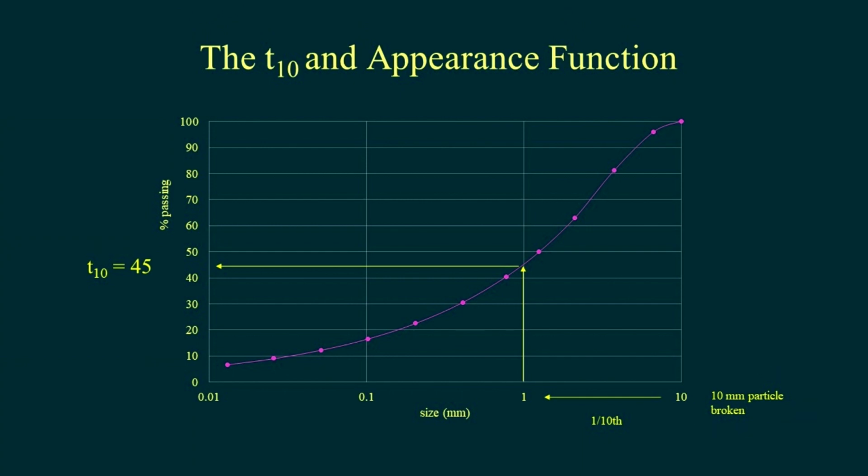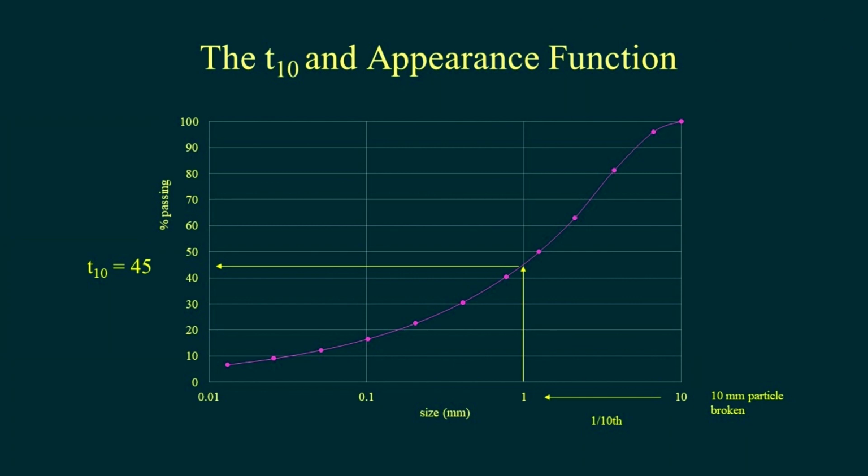The T10 is the percentage passing 1/10 of that original size. Well, 1/10 of 10 is 1. So we come up there, go across here. The T10 is 45. So 45% of that original rock passed a 1 millimeter sieve after it was broken.